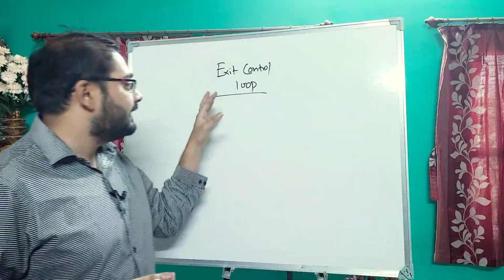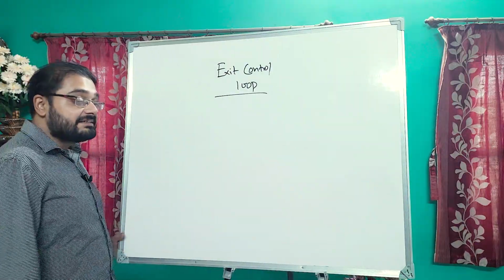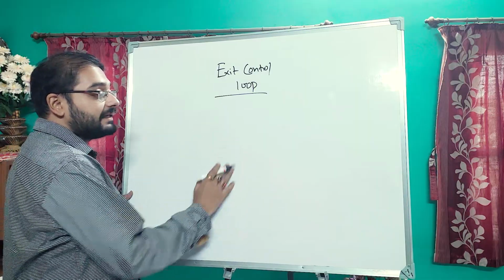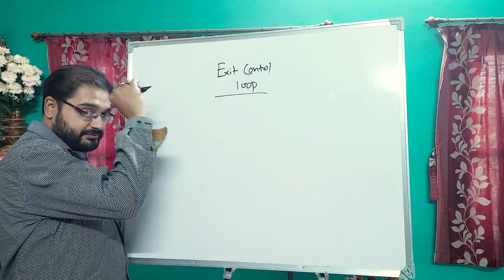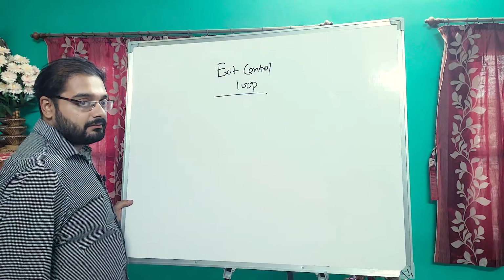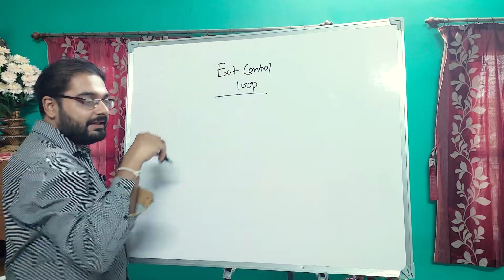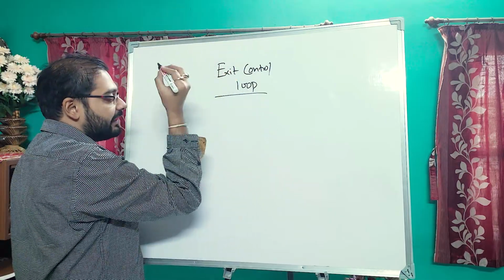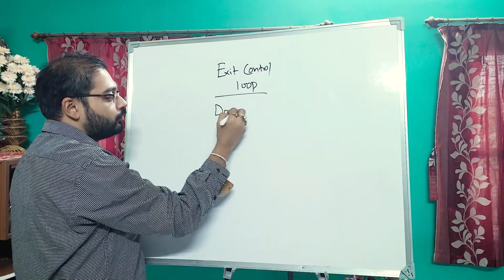Now we can see another topic, that is the exit control loop. What is exit control loop? Exit control loop means the statement part comes first, then the condition comes. Okay, the example of exit control loop is the do while loop.